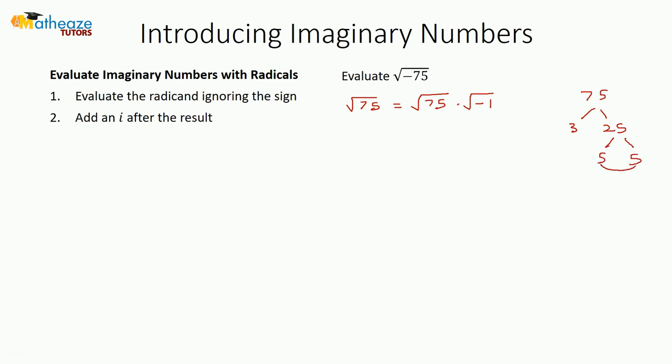So we have 5 square root of 3, and then multiplied by i. Generally, the best practice is to attach the i to the 5. So 5i square root of 3. That's the simplified version here.